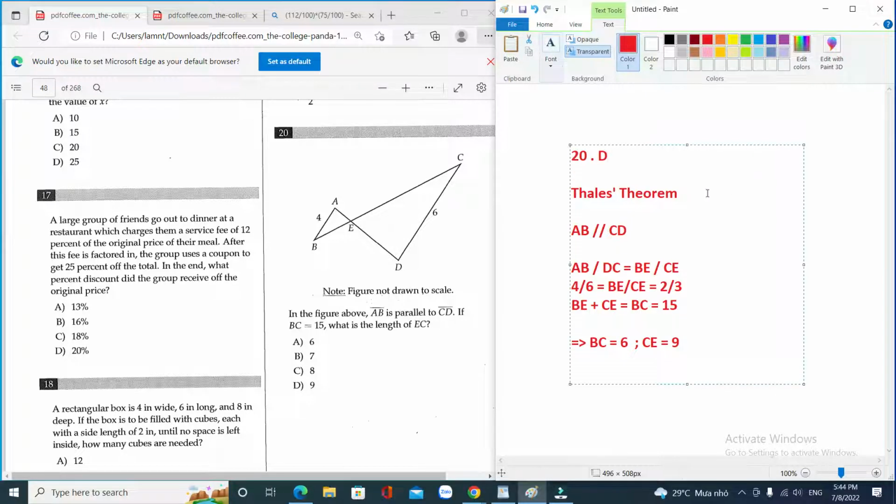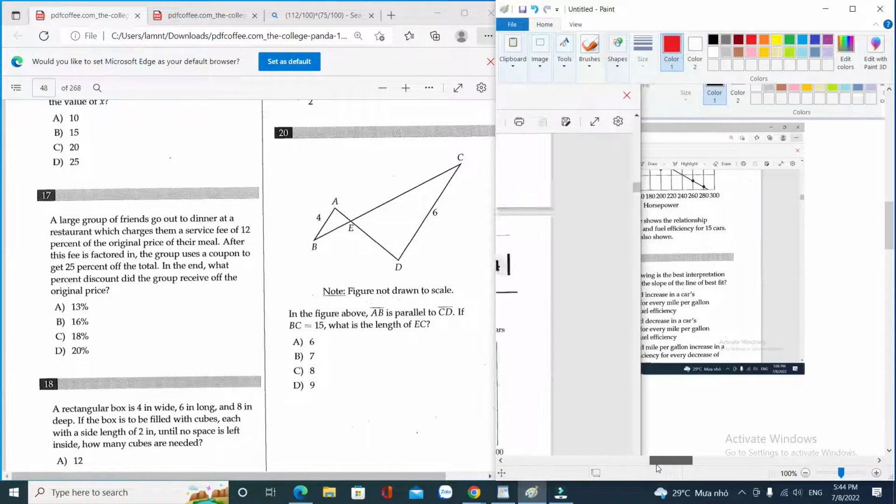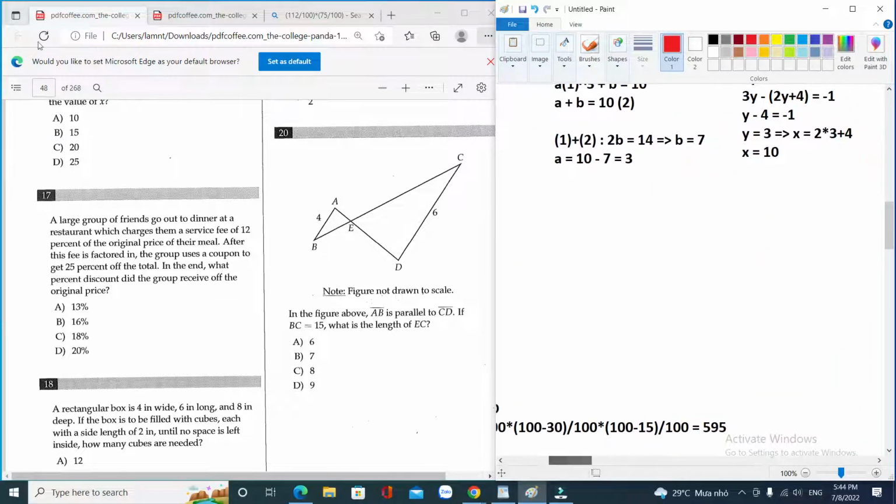Okay, so let's check from the beginning of this section.